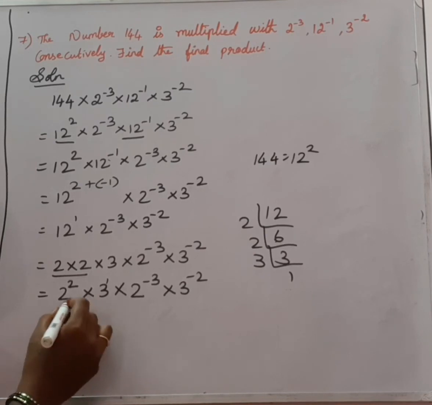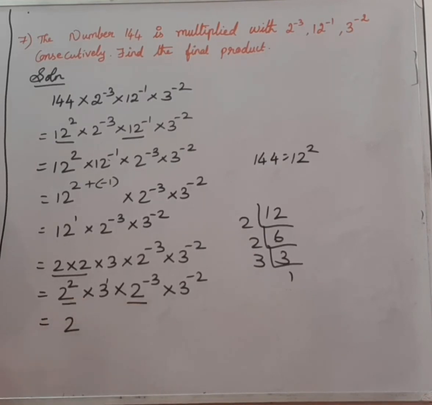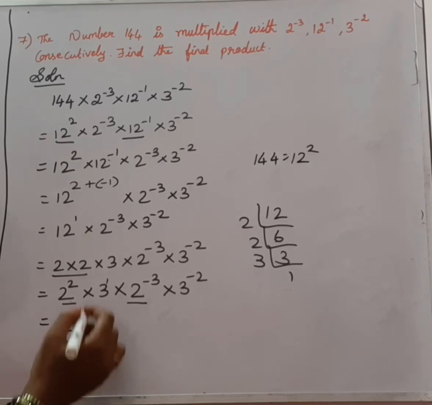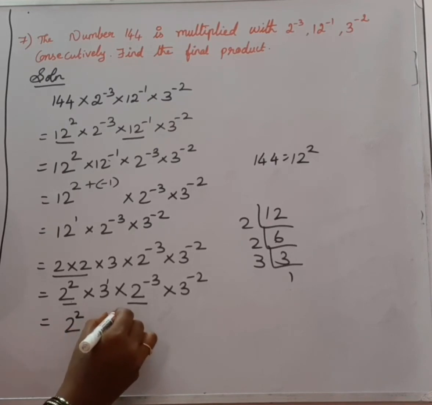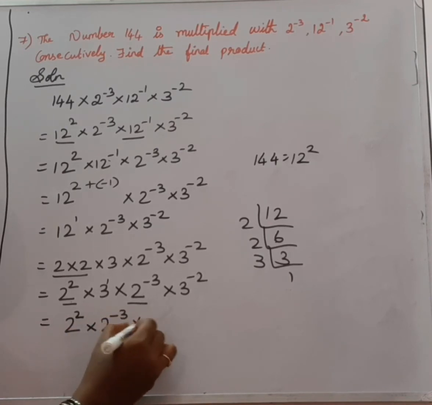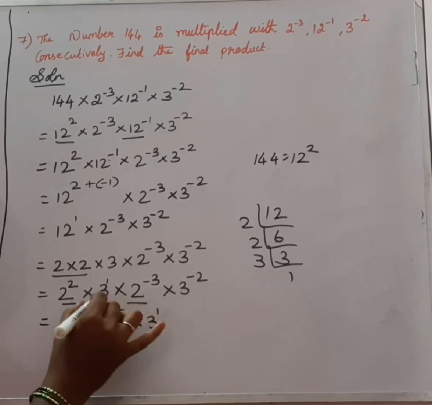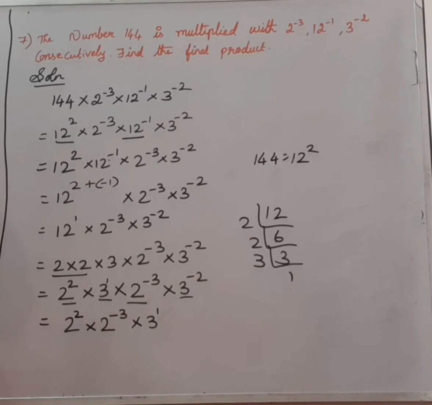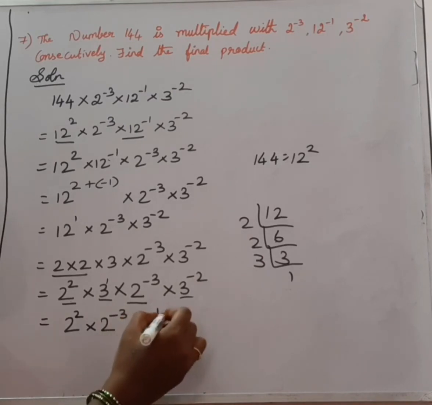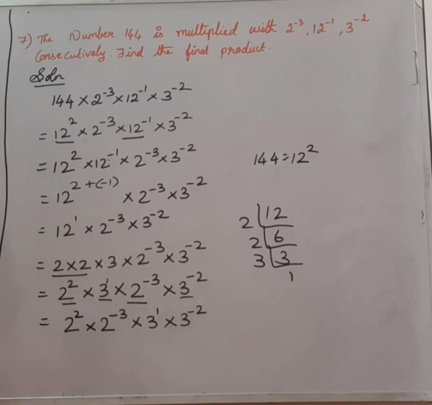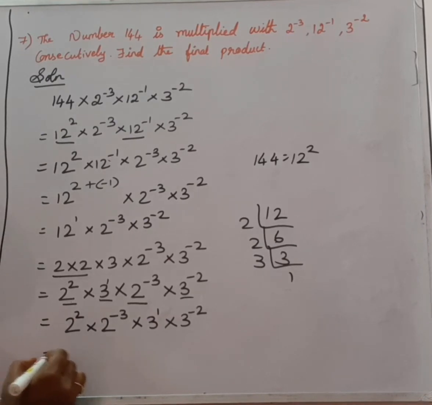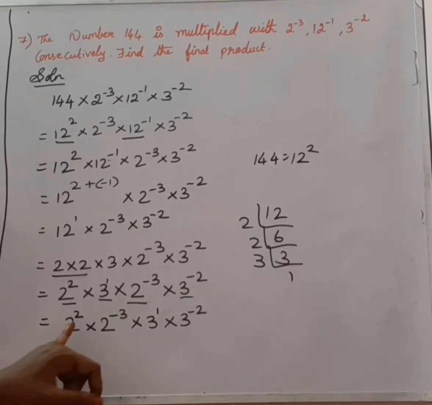We have the same base 2, so 2 power 2 into 2 power minus 3, into 3 power 1, because here also we have the same base 3, so 3 power 1 into 3 power minus 2. Then for 2 power, we have 2 plus minus 3, because of the laws of exponents.